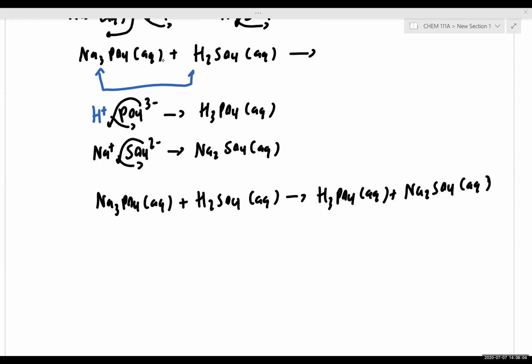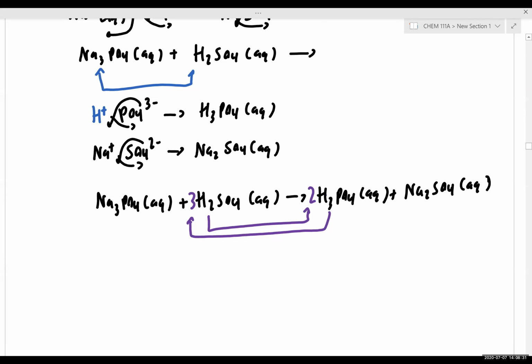No, it's not. So let's check why that is. Let's check how we can balance it then. So the fastest method I like to use is the least common multiple method, otherwise known as the cross method. So we put a 2 and a 3 because we take our subscript and we cross it into the coefficient of the opposite compound containing that ion.